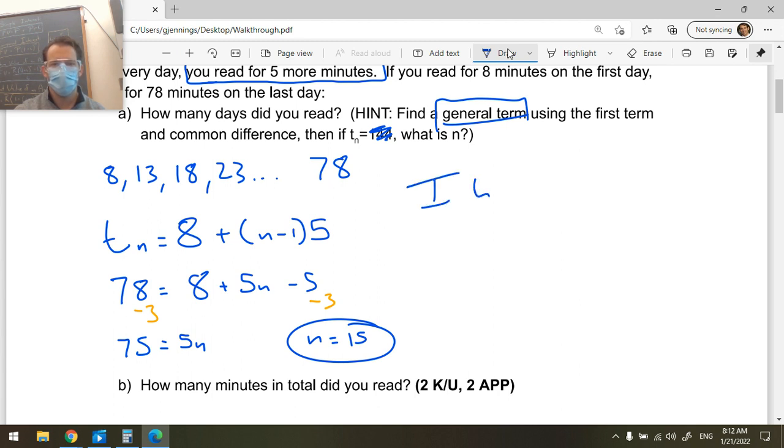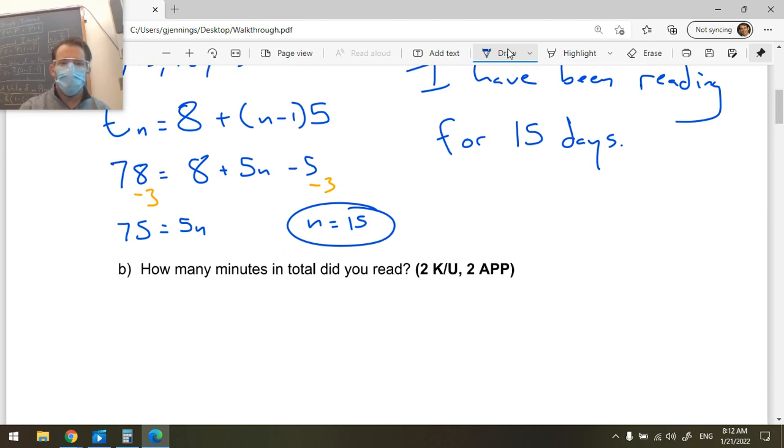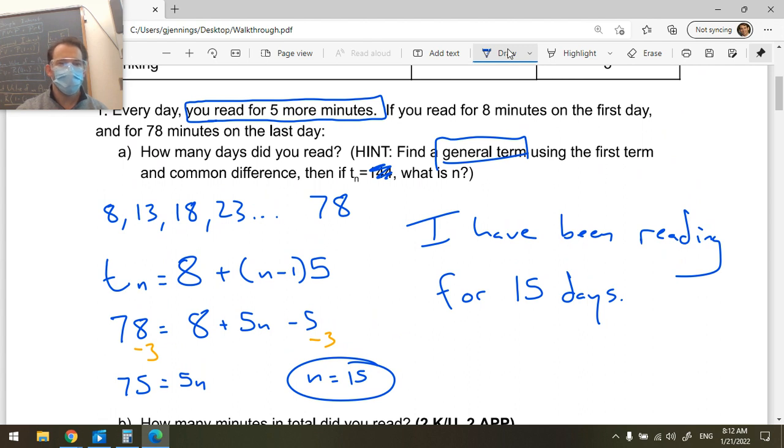Great. So how many total minutes did I read? Now what I need to do is add up 8 plus 13 plus 18 plus 23 and so on, all the way up to 78.